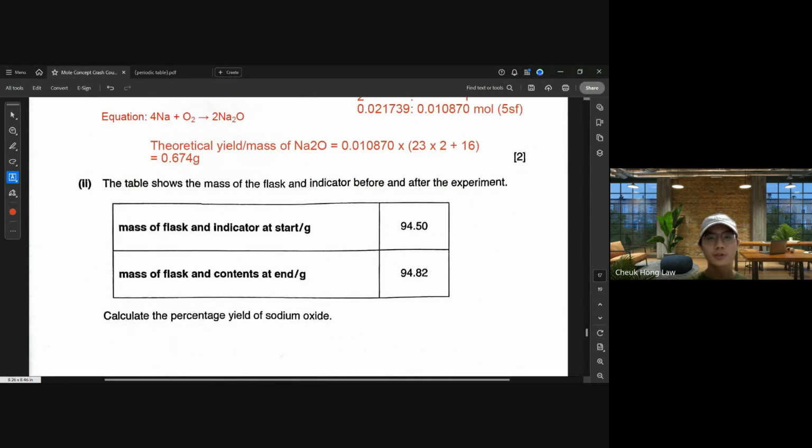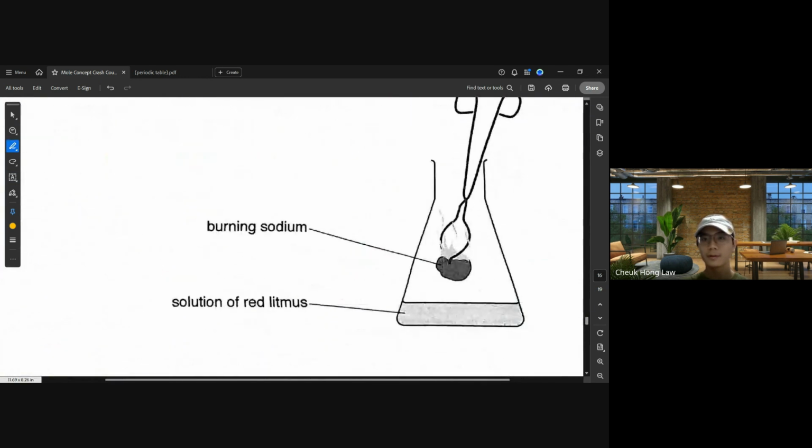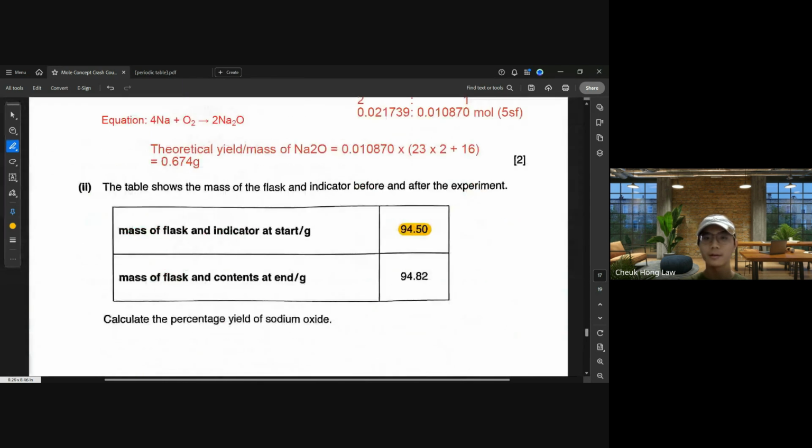Okay, I'll be moving on quickly for this one. So the table below shows the mass of the flask and indicator before and after the experiment. So before, 94.50 grams. Okay, this is the mass of the flask and the indicator and everything. Then the flask and the contents at the end is 94.82. So there is an increase in the mass.